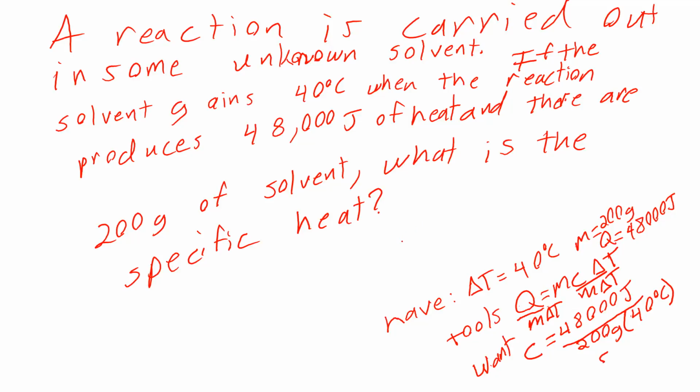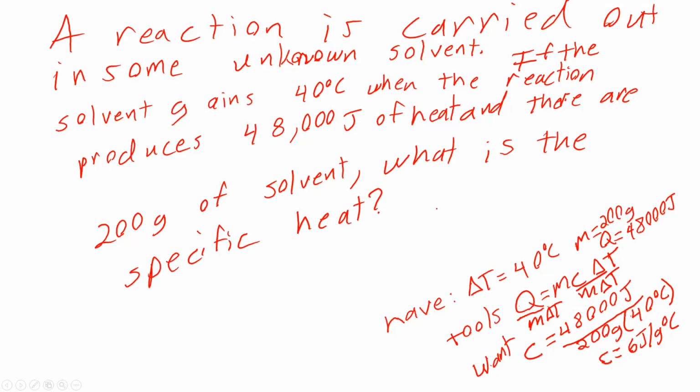What do we get C is equal to? 6 joules per gram degrees Celsius.